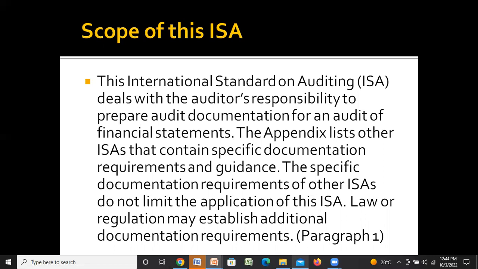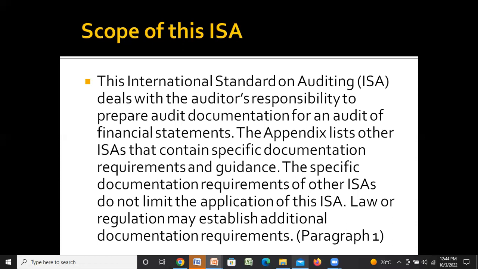I think you know that there's a video that I've already done on the 5 components or 5 elements of assurance engagement, and one of them is evidence, another one is report. So you have to write your report based on the evidence you have gathered, and that evidence must be documented.